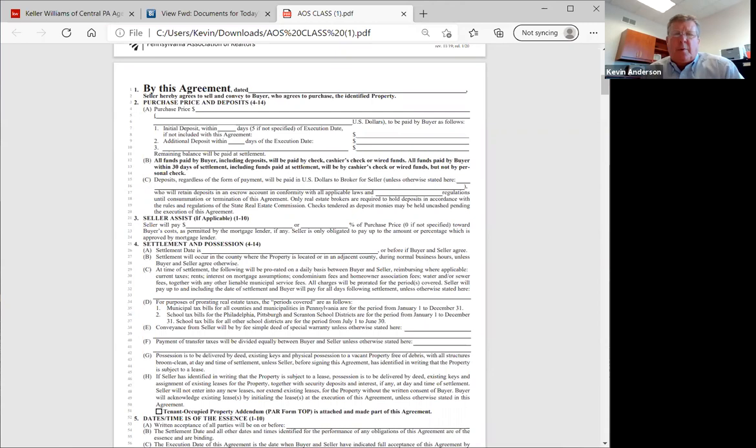Here's an important part that we run into some challenges with. All funds paid by the buyer, including deposits, will be paid by check, cashier's check, or wired funds. Here's the important part. All funds paid by the buyer within 30 days of settlement, including funds paid at settlement, will be by cashier's check or wired funds, but not personal check.